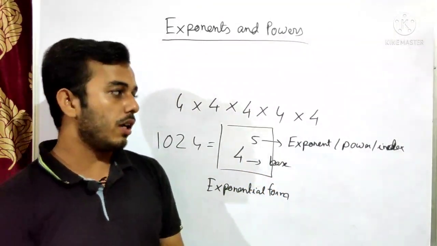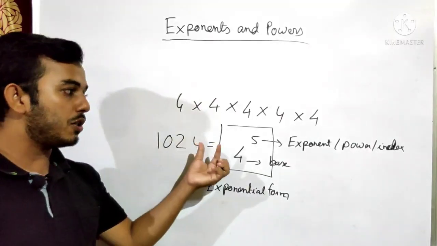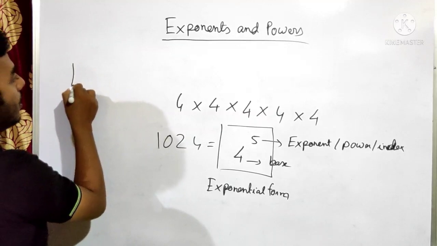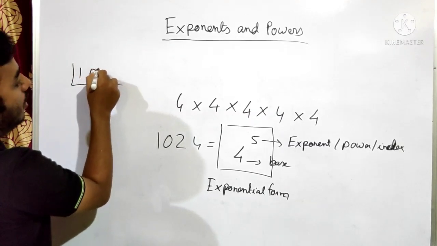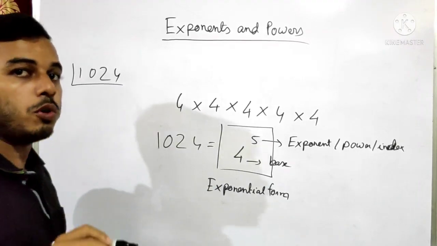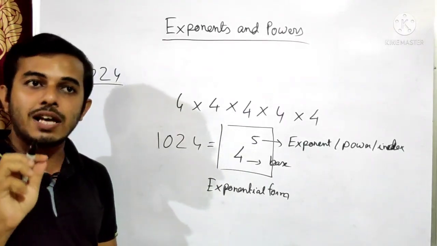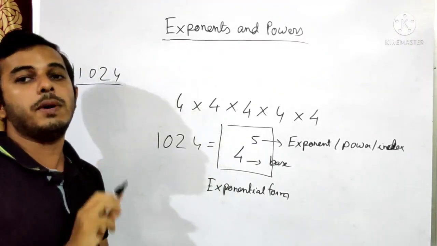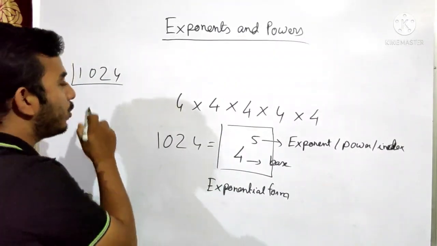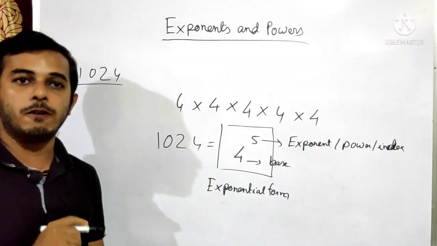Clear? Okay. So how to find the exponential form? Look, for example, 1024 we have. Now this number is divisible by 4, isn't it? Because we know the divisibility rule of 4. If the last 2 digits are divisible by 4, then the number is divisible by 4. So here the last 2 digits are divisible by 4. That means this 1024 will also be divisible by 4. Clear?